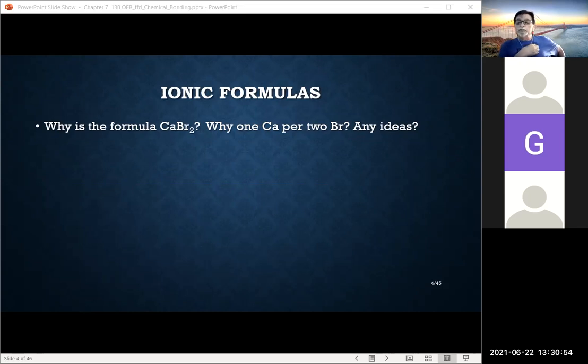It is element number 20. So by its position on the periodic table, what can we say about calcium with respect to it being a metal or a non-metal? Which one would it be? You can tell me that.